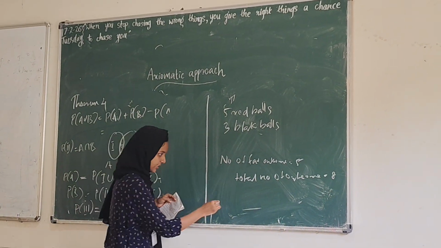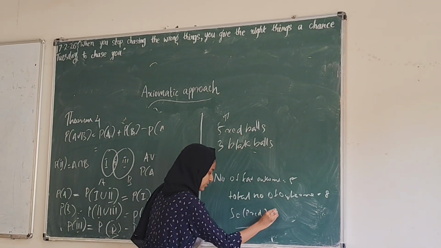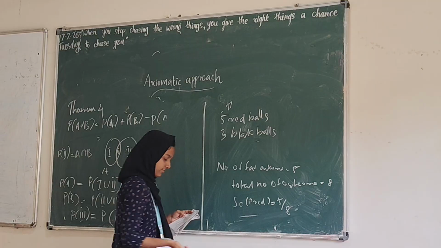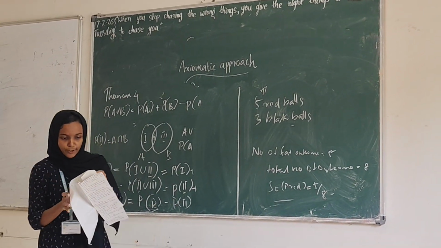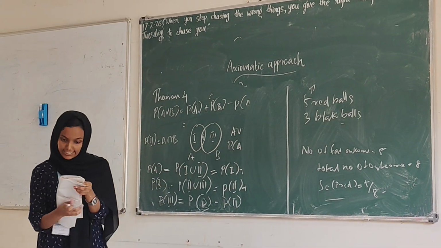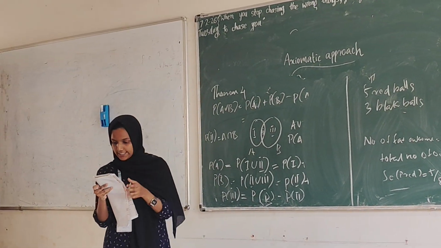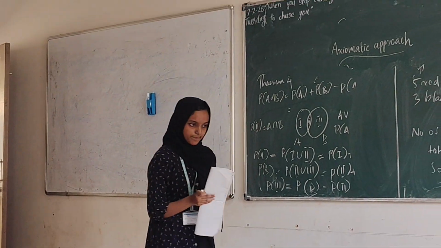So the probability of getting a red ball is 5 by 8. The question continues: for the above experiment, verify that the probability of getting a red ball and the probability of getting a black ball follow the axioms of probability.